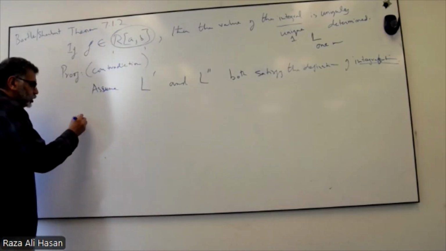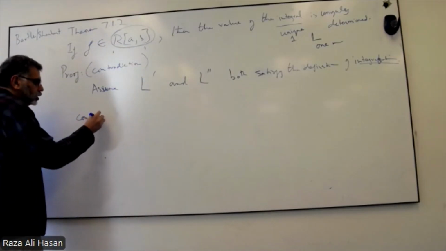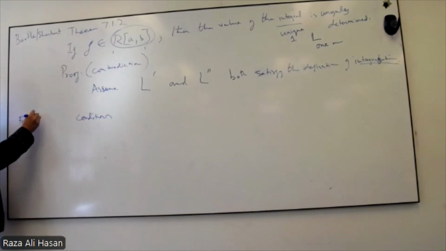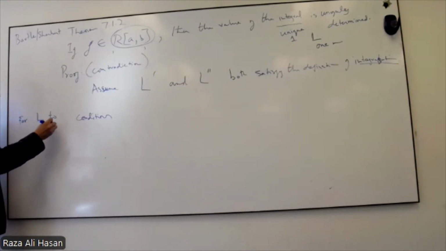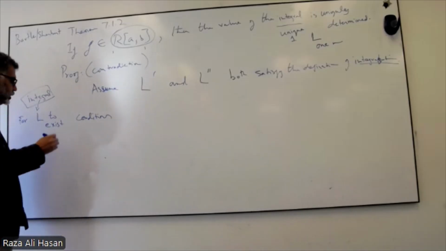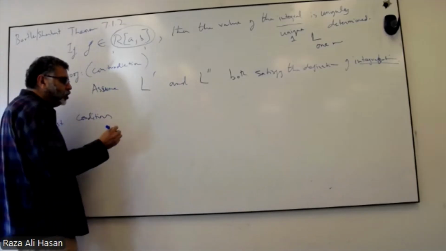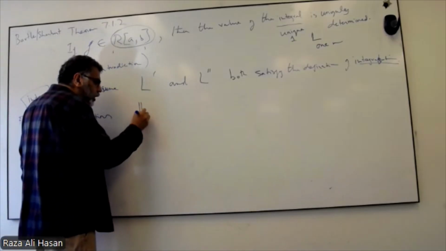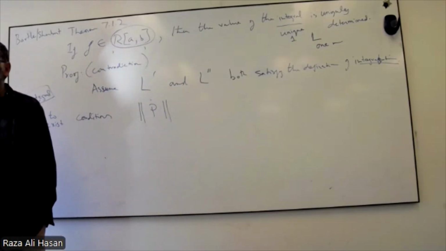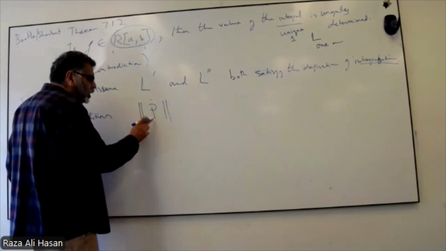So these are the conditions for L to exist, as in for the integral to exist, for the area to exist. The conditions are we need to have a partition, perhaps a tagged partition.